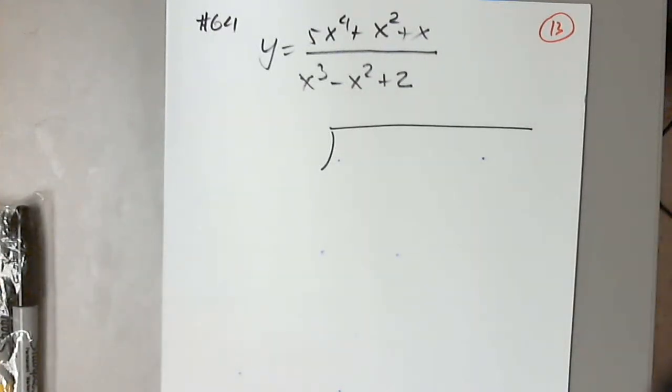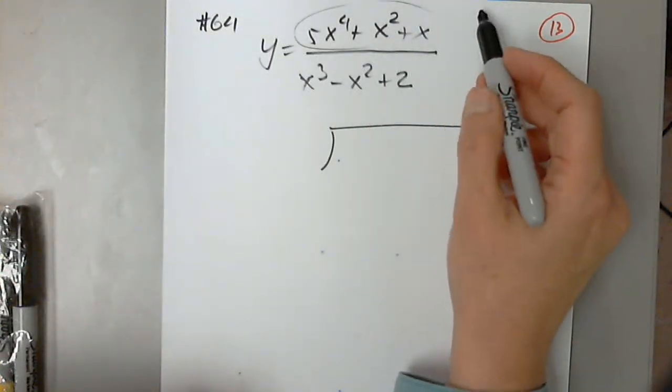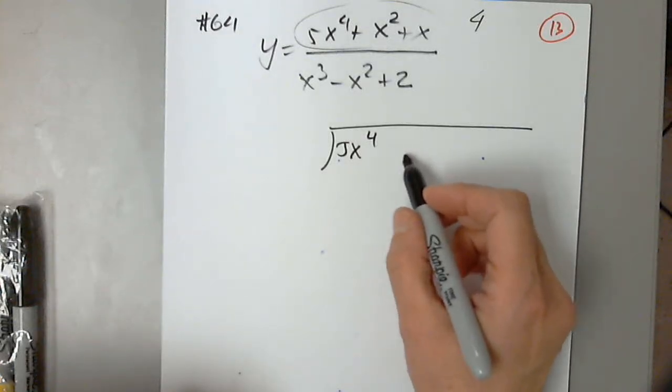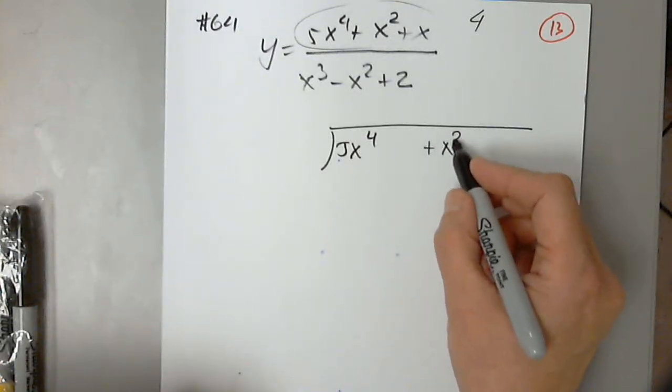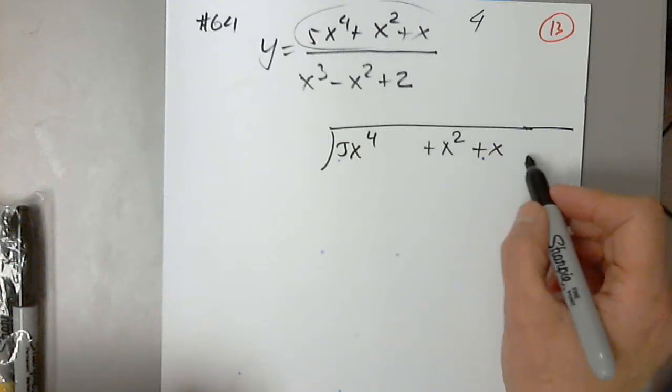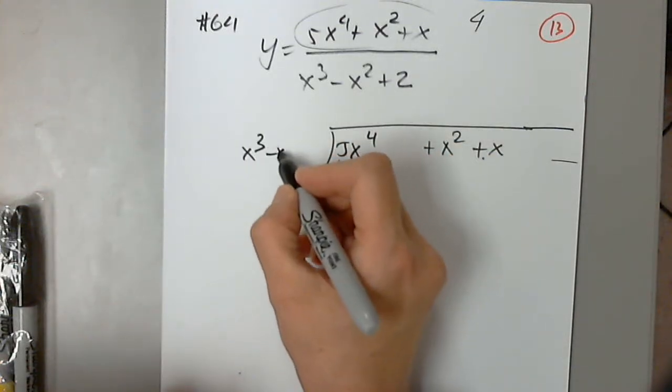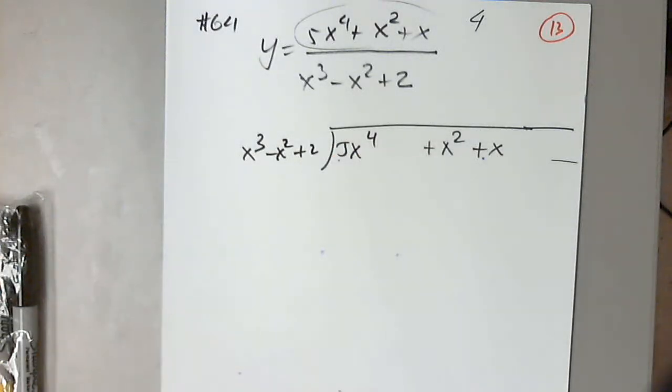So now, I make sure the top and bottom are in descending order. Are they? Because if they're not, I have to rearrange the function. Yes. So the degree of the top is 4. I have 5x to the fourth. I do not have x to the third, so I leave some room, x squared and then plus x, and then the free term is also missing. The denominator, there is no need to leave any space there.